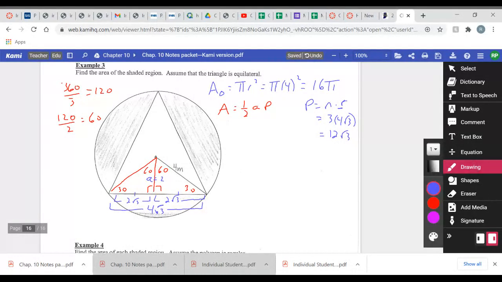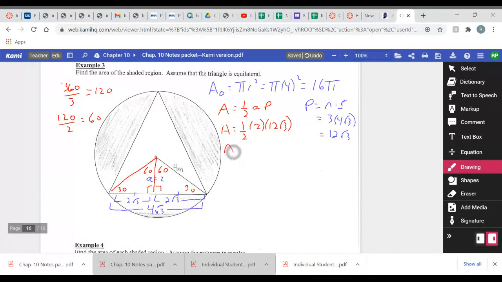Now I can plug into my 1/2 apothem times perimeter formula. The apothem I found is 2, my perimeter is 12 square root of 3. If I multiply everything except the square root of 3, 1/2 times 2 times 12, I get 12 square root of 3.